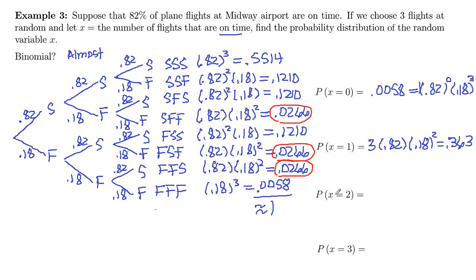And then 2 flights on time. Let's circle those in black. We had 2 S's here and here. So there were 3 ways that occurred. They're all 0.82 squared times 0.18. Oh, and I'm sorry, the 0.363 is for 1 on time, and this one up here is actually 0.798.